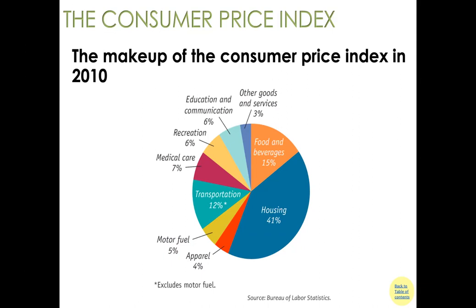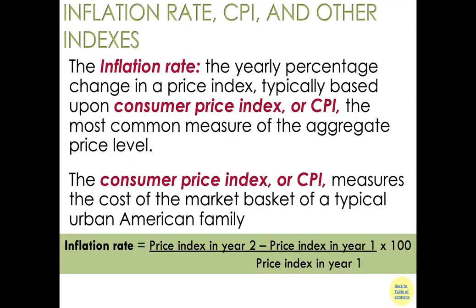Anyway, back to here. Once we keep track of the cost of this market basket for a typical American household, we first create the consumer price index, and from it we get the inflation rate, which is essentially the percentage change in the price index.